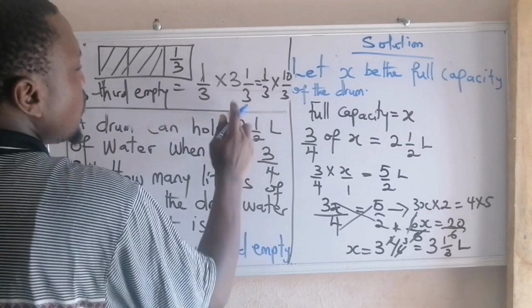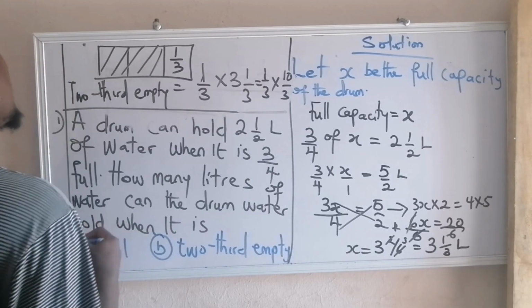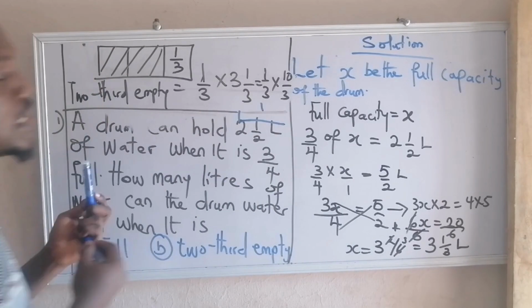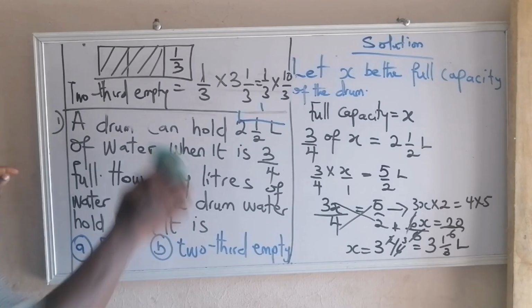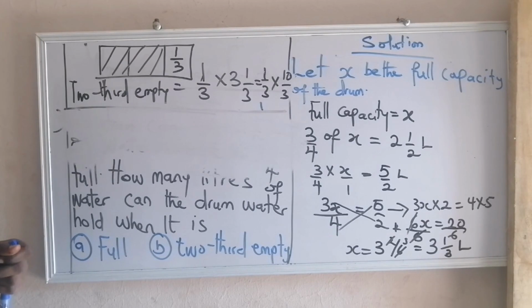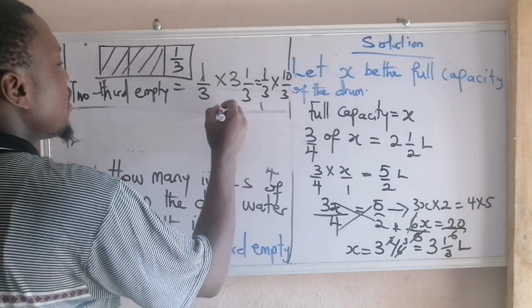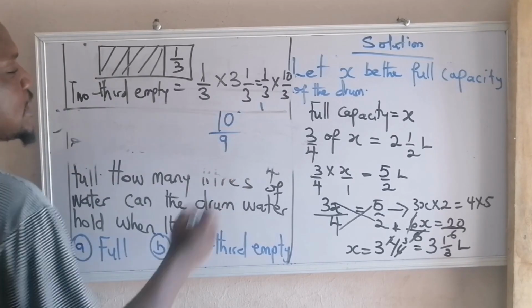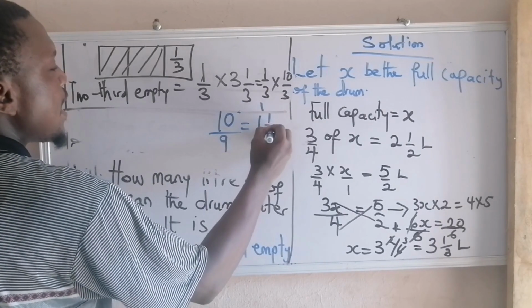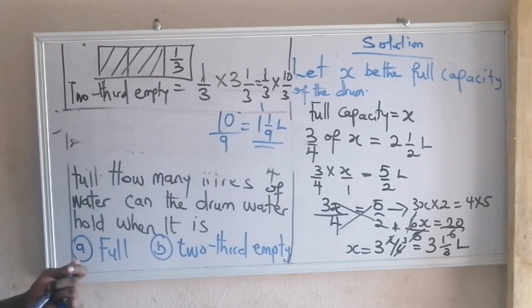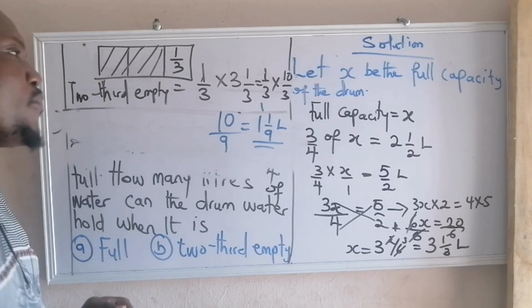Sorry, let me just take this line down. What is 1 times 10? 1 times 10 is 10. And 3 times 3, that will be 9. So how many 9 can you see in 10? That will be 1 whole number 1/9 liter. So when it is 2/3 empty, the capacity of the drum is 1 and 1/9 liters.